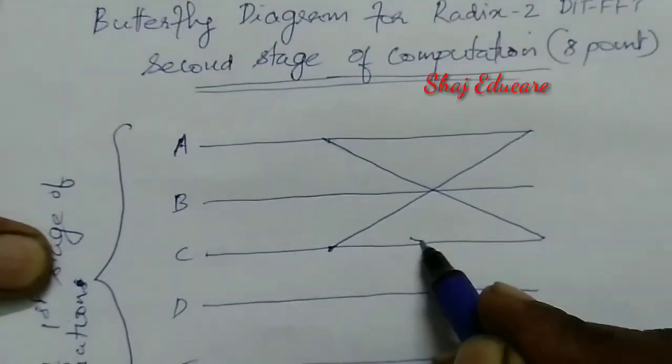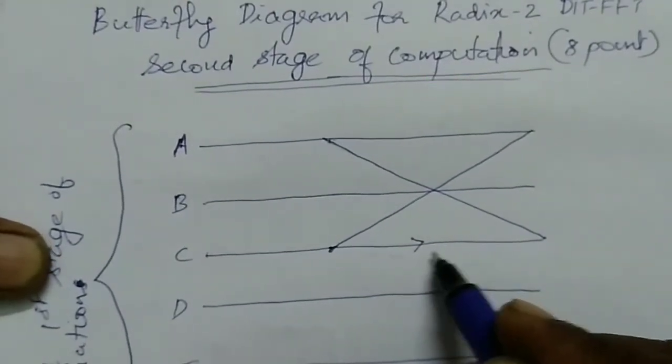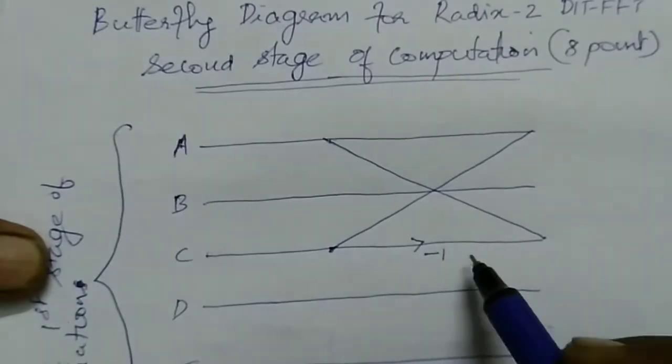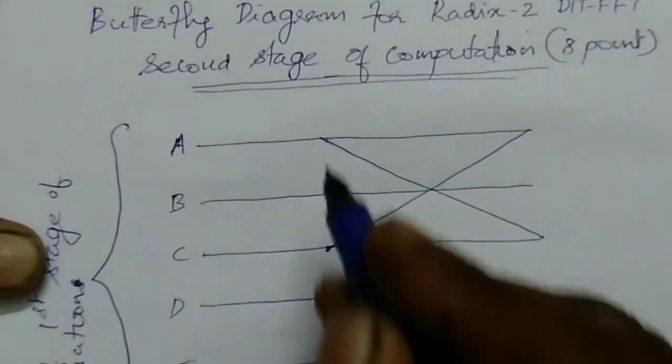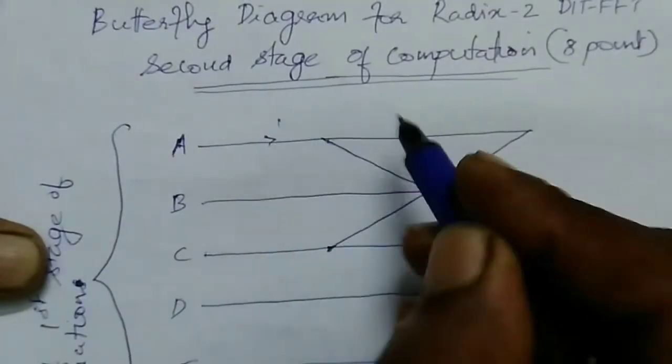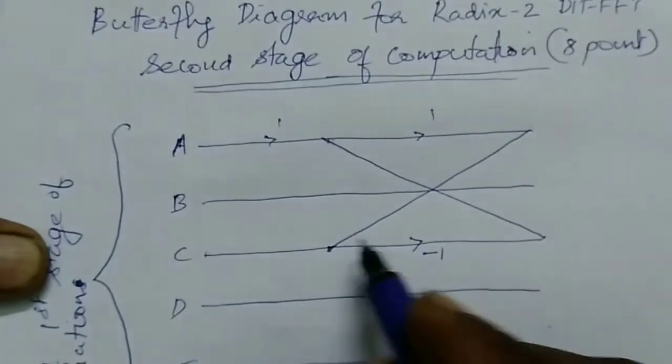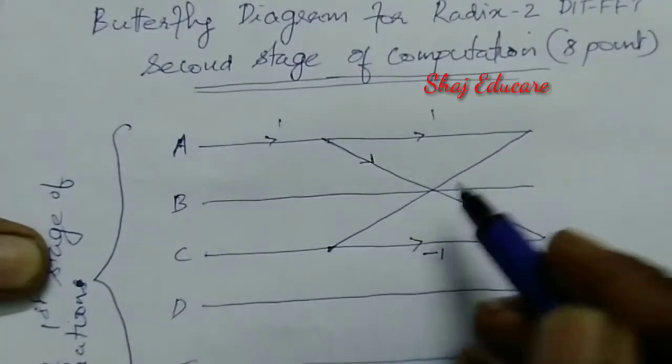Now let us apply the gains. All of you know that here the gain is minus 1, and except here all other gains are 1. Now let us complete the gains.